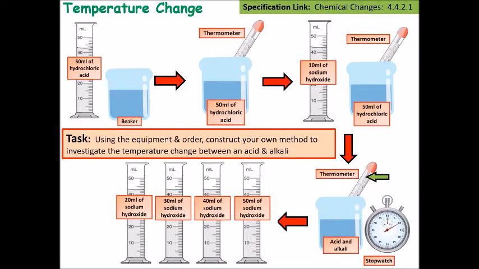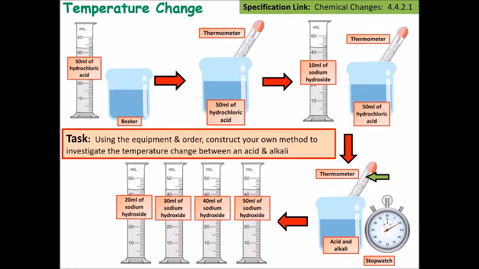If we're going to look at this practically, we would start off by measuring out a specific amount of hydrochloric acid and putting that into a beaker. So we might measure out 50 milliliters of hydrochloric acid with a measuring cylinder. You would then take the initial temperature of that hydrochloric acid because we want to look at the temperature change.